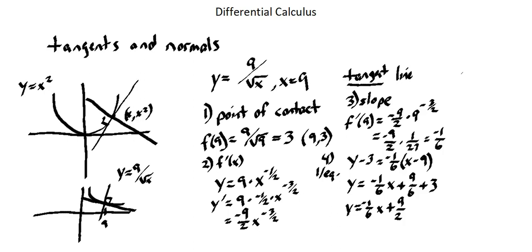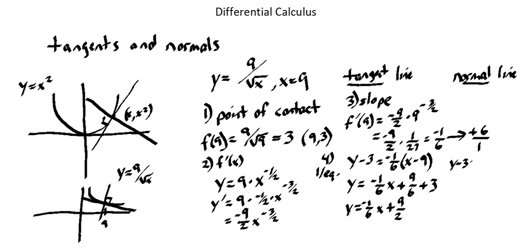Let's look at the adjustments for the normal line equation. First, I'm going to take the opposite inverse of my slope. The slope of the tangent line, negative 1/6, will become positive 6/1. And I'm intersecting the same point, 9, 3, so I'll use the same x and y value with my negative inverted slope of 6/1.